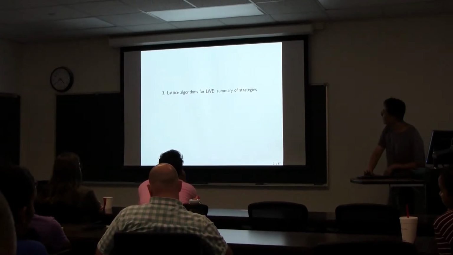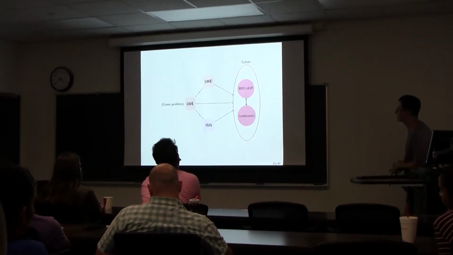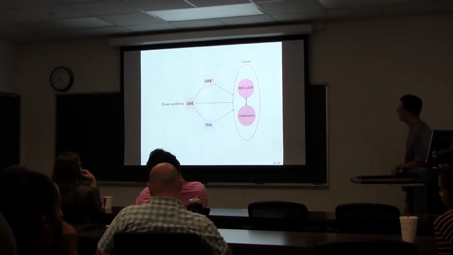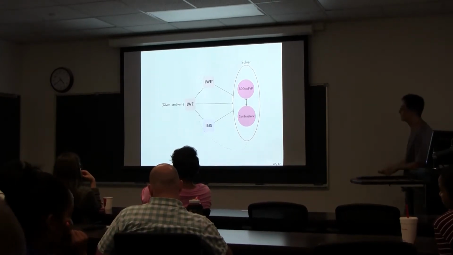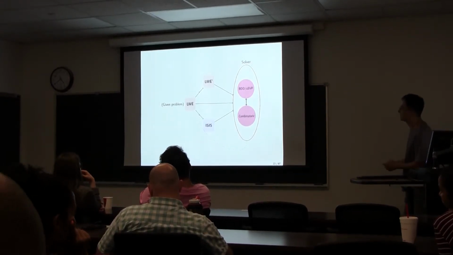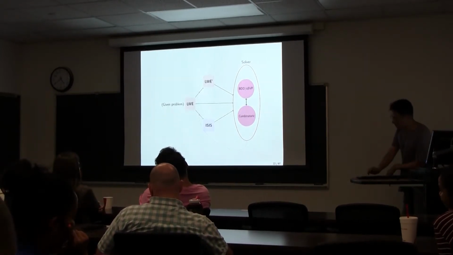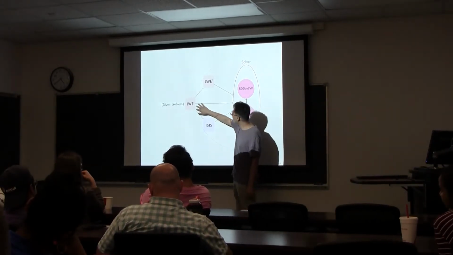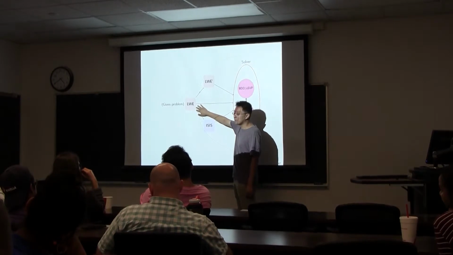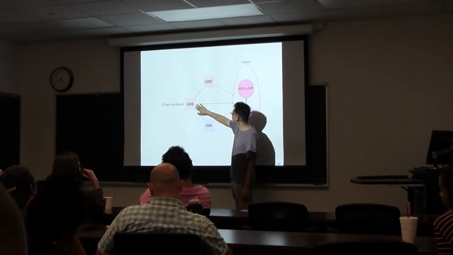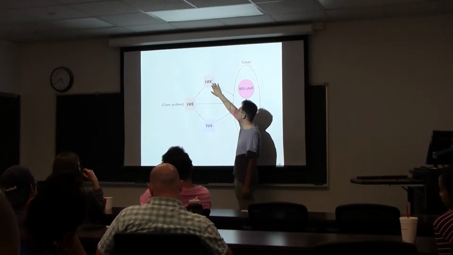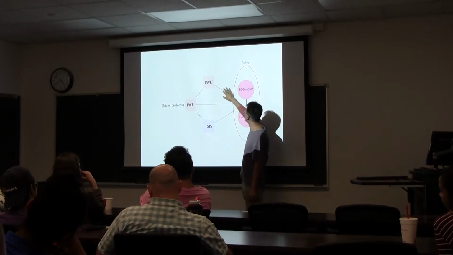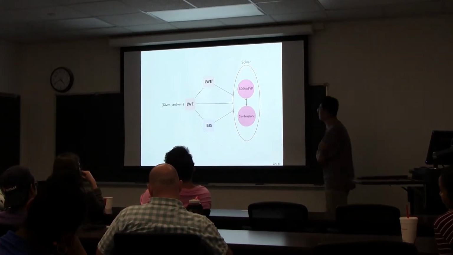Now, lattice algorithms for solving this. There are many strategies to solve the LWE problem through lattices, and they are not really equivalent to each other. Sometimes they are equivalent, sometimes they are not, depending on the parameters. So it's messy in some sense. The general strategy is, given the original LWE problem, maybe we can convert it into another LWE problem, which I call LWE prime, and then solve this new problem using the solvers that we described before.